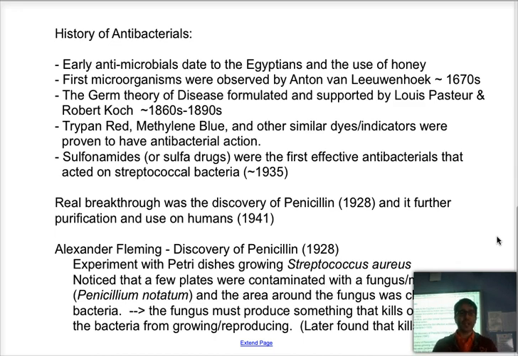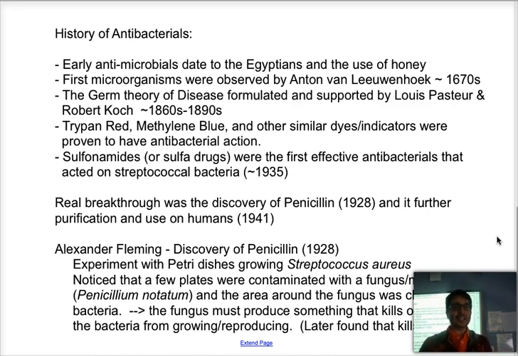All right, he actually had gotten some of his petri dishes contaminated with a fungus, in this particular case the Penicillium notatum. And he found that wherever he had that, he was trying to grow the Streptococcus aureus bacteria, and wherever the fungus was present, there was no bacteria.